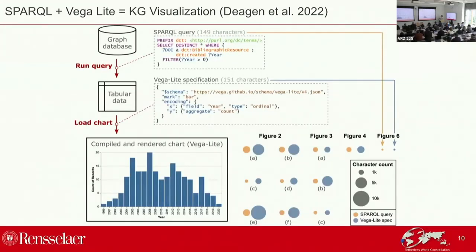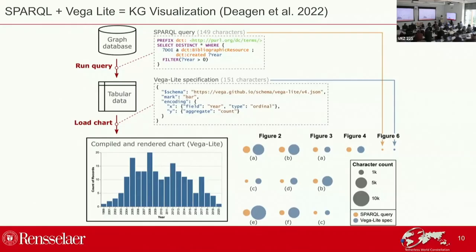We have also leveraged the fact that we can store SPARQL queries as entities unto themselves, and pair them with a tool called Vega-Lite, which is a way of writing very simple schemas for visualizations.